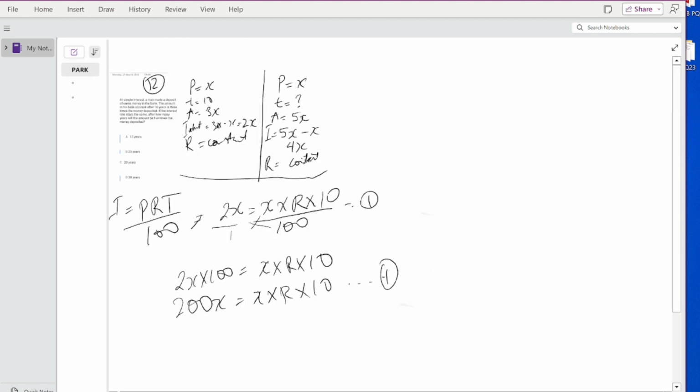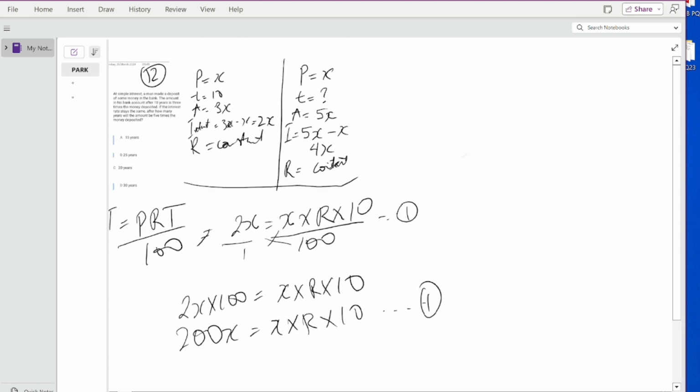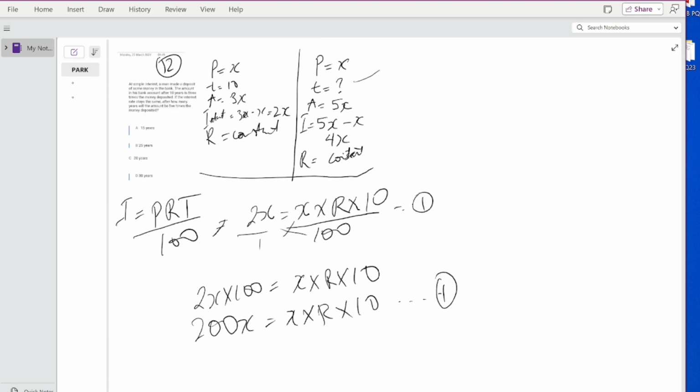Let's go to the second one that talks about unknown time. Still using the formula of simple interest, which says I equals p r t over 100. For this, our interest is 4x, equals our p is x, still the same, doesn't change. Our r is the same, the rate doesn't change.